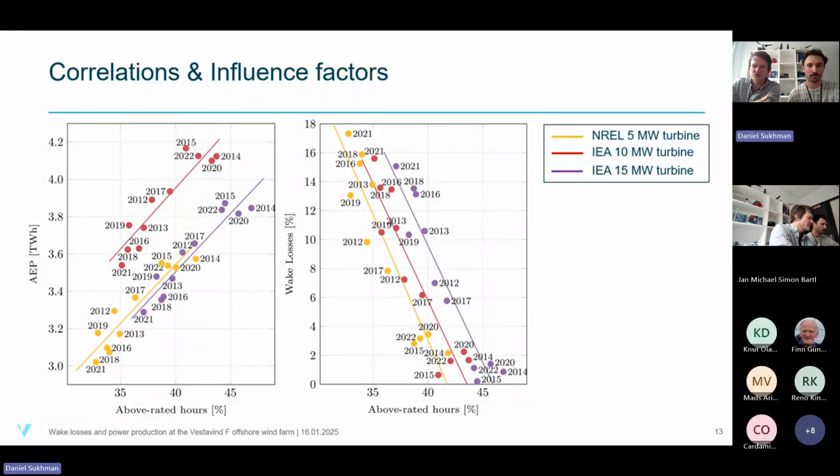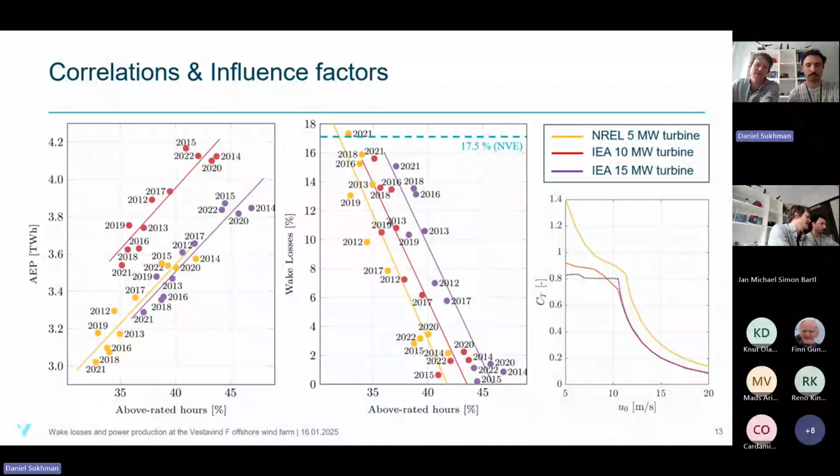Why are those different for the three different turbine types? That's a good question, which we tried to find out a little bit. First of all, it's the above rated limit, and this was a little bit different for the three turbines. The 5 megawatt turbine had a rated wind speed of 11.4 meters per second.